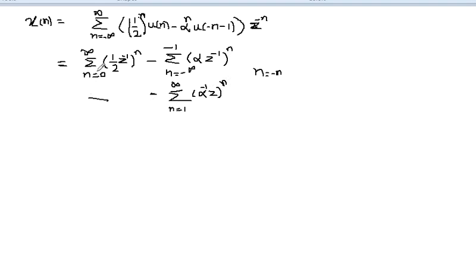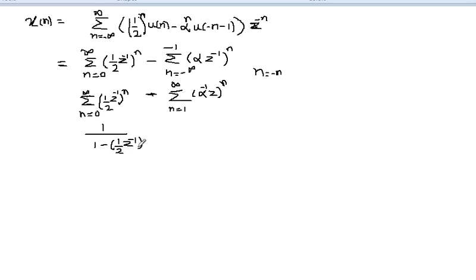And this remains as it is. It is a summation from n is equal to 0 to infinity, and for this we can write 1 divided by 1 minus alpha into z raised to minus 1. So by considering that, it is 1 divided by 1 minus half into z raised to minus 1.